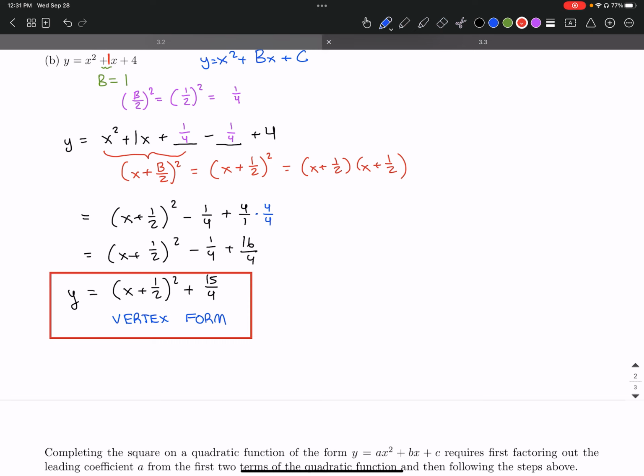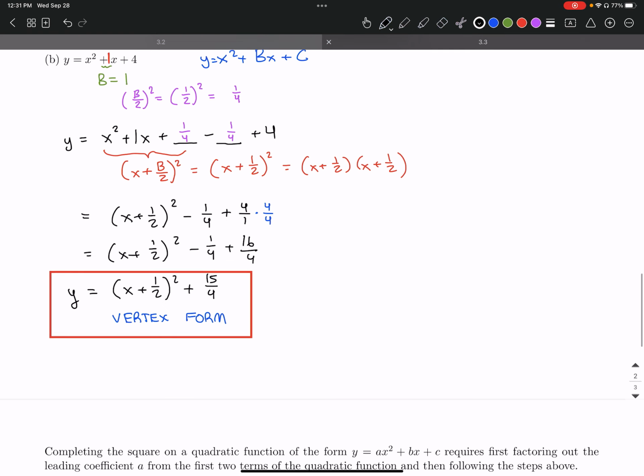Now, in order to identify our vertex from our vertex form, I'm going to do the same trick we have used so far. Vertex form is a times (x minus h) squared plus k. And right now, I'm not quite looking like this because I do not have a minus sign after the x.